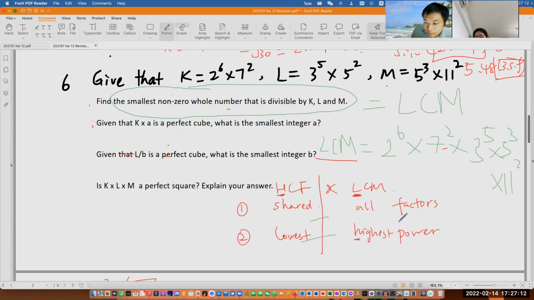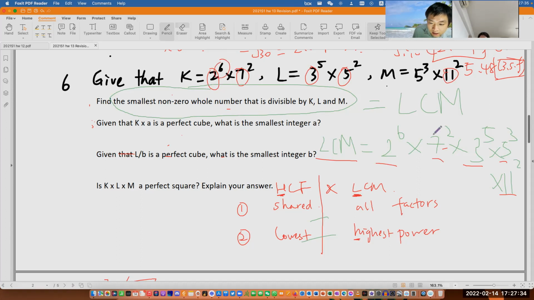And it looks to me you have remembered this. So what do we have here? You have 2, 3, 5, 7, and also 11. Then you pick the highest power for all of these.